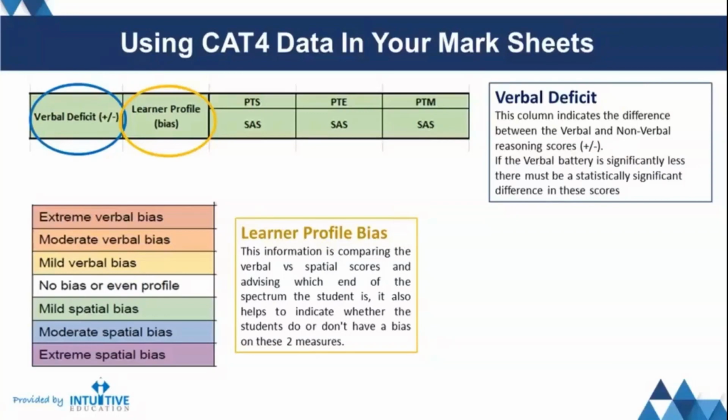Children who come out with having an extreme bias, you will probably know already, depending if they have an additional learning lead. And the likelihood is they possibly do. You may know who this child is already, and this may be an added piece of information as well, whether it's an extreme verbal or an extreme spatial.